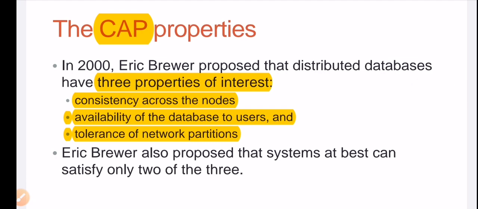We have something else called CAP properties. These three properties are the consistency across the nodes, the availability of the database to users, and the tolerance of network partitions.